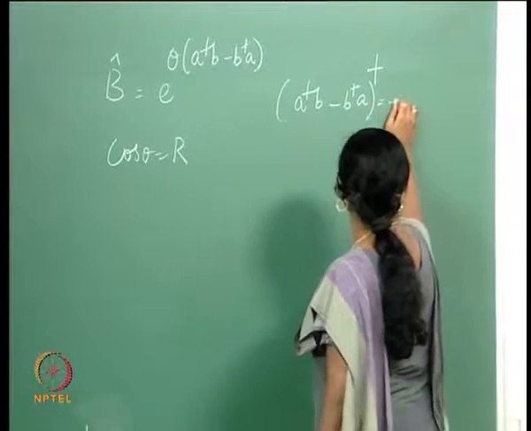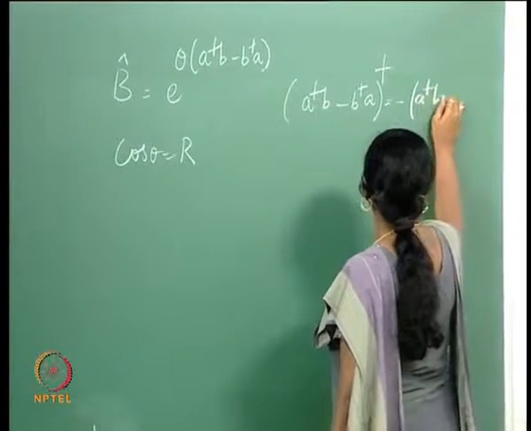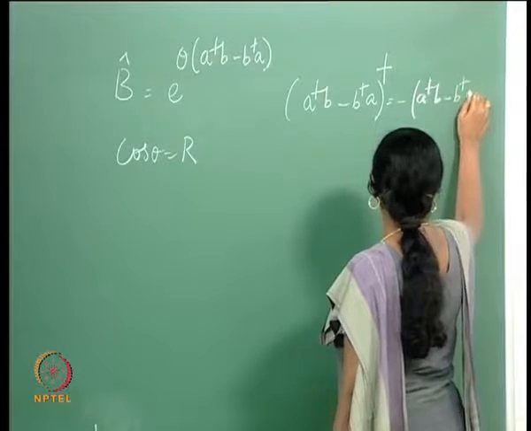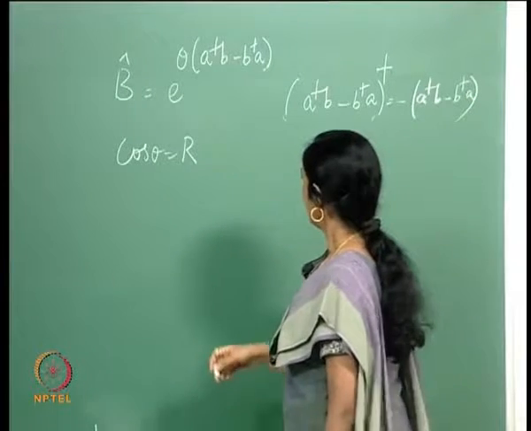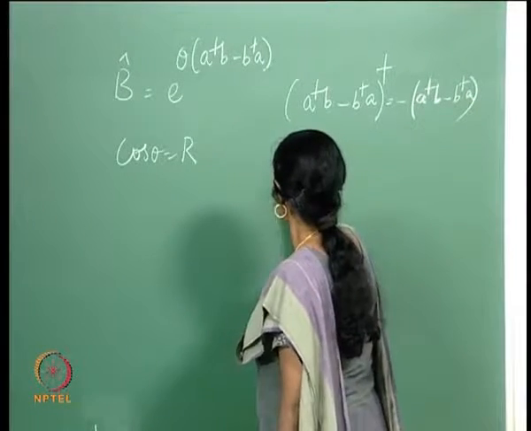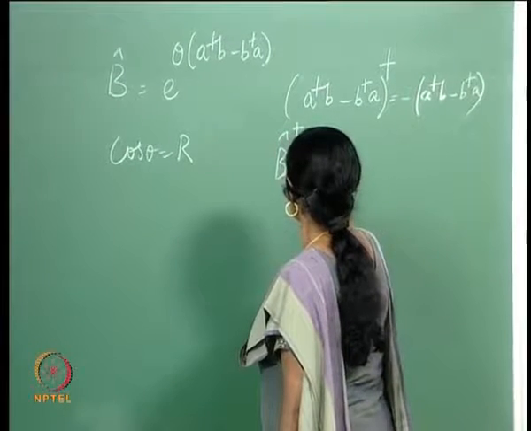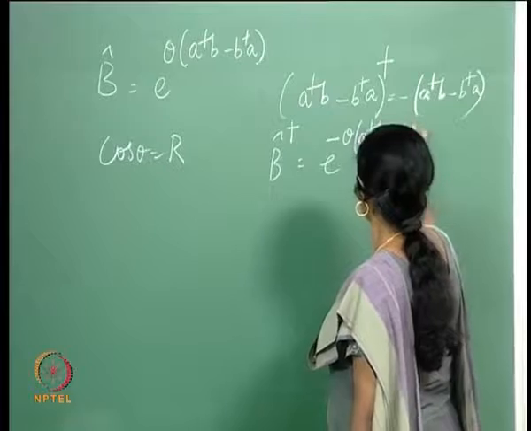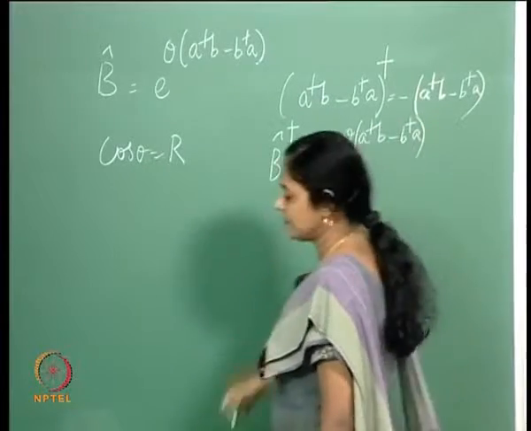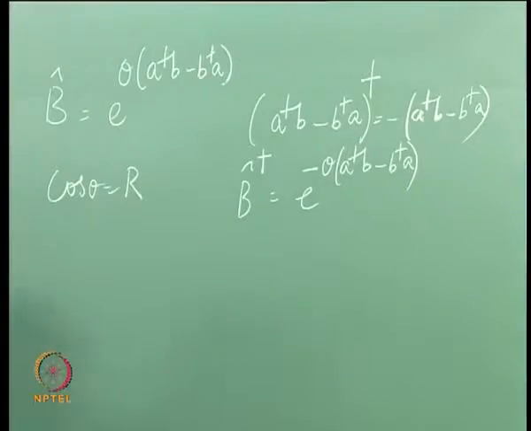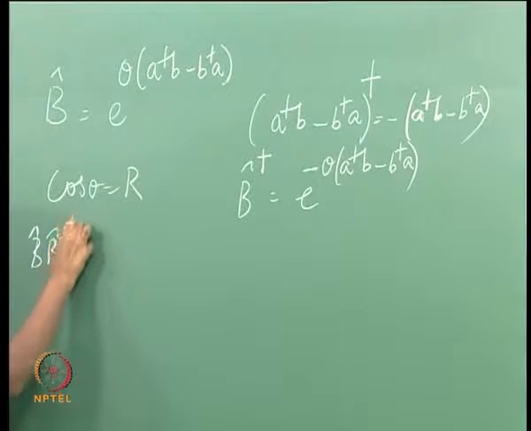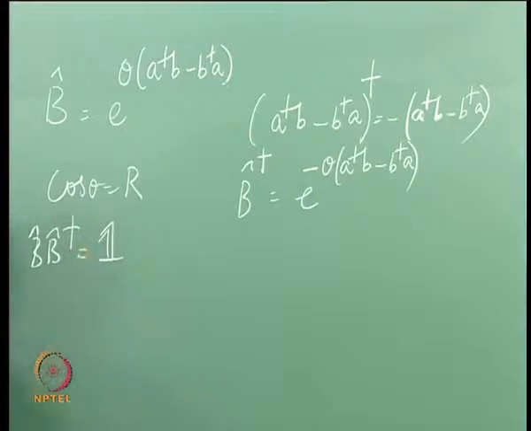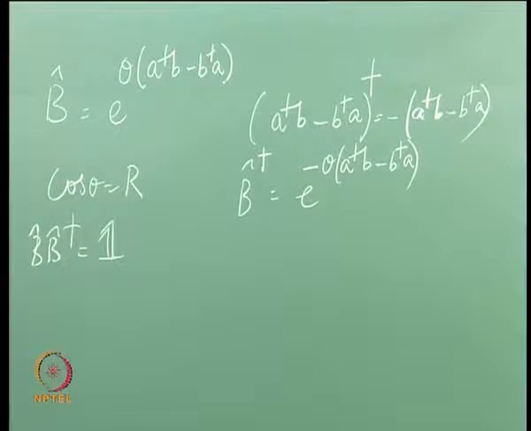It is minus of A dagger B minus B dagger A, and therefore B dagger is e to the minus theta times A dagger B minus B dagger A. This clearly means that B B dagger is identity and it is a unitary operator.